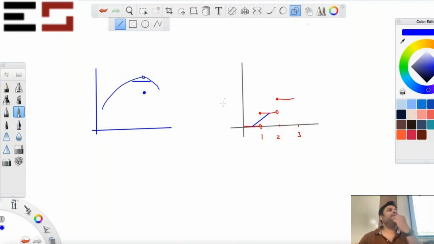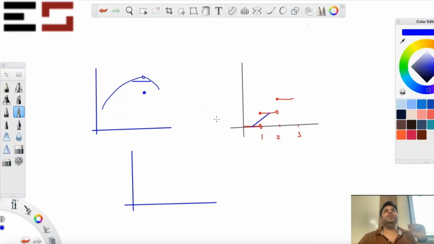Because if it's not an open interval, there is a possibility that you might have a concave function which is discontinuous. You can think of an example. Should I leave that as homework? No, you want me to show you? Okay, how about this?